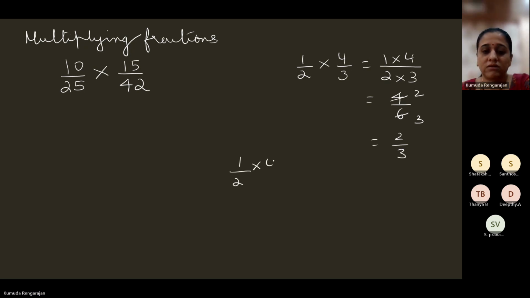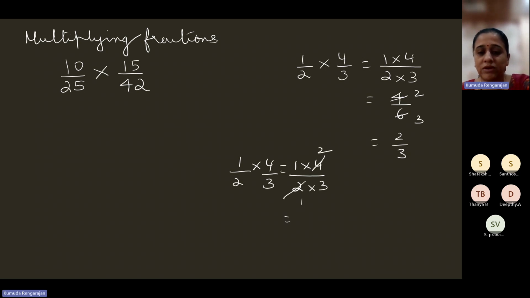Or multiply their numerators, multiply their denominators, and you can simplify. See here 2 1s are 2, 2 2s are 4, like this, and then multiply 1 into 2, 2, 1 into 3, 3, 2 by 3. Right? So we've seen with simple numbers like this in class 6.